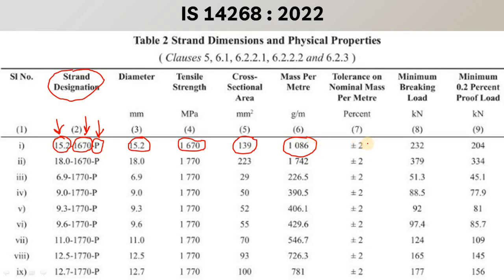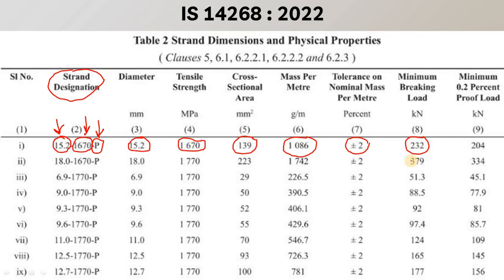Column number 7 shows the tolerance on nominal mass per meter. A tolerance of plus or minus 2% is allowed. Then we have the minimum breaking load, that is 232 kilonewton.